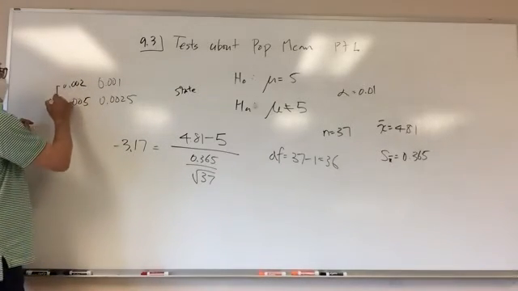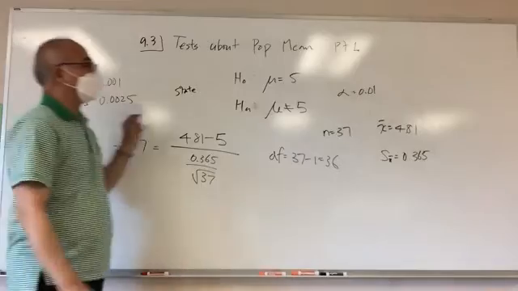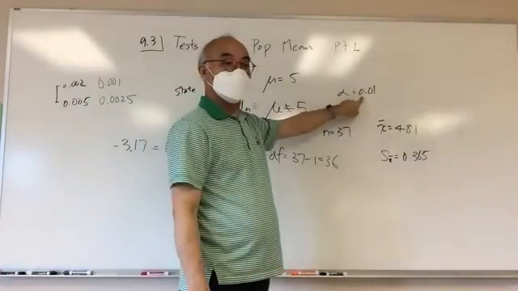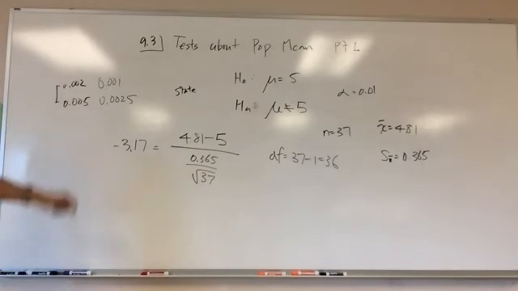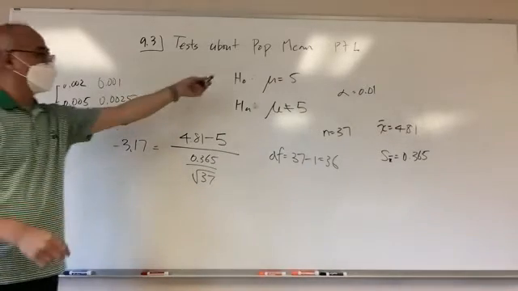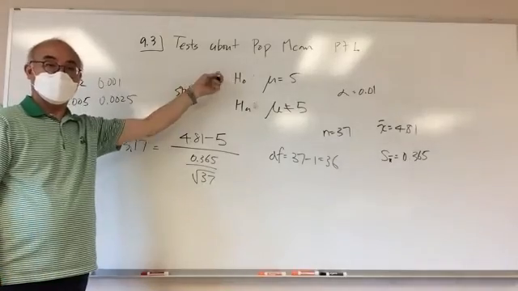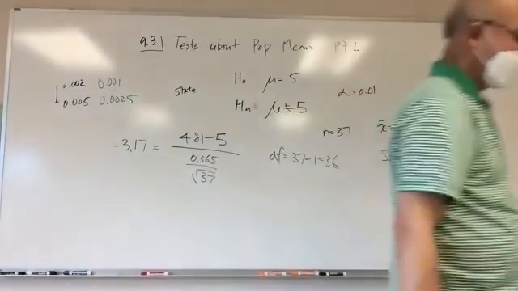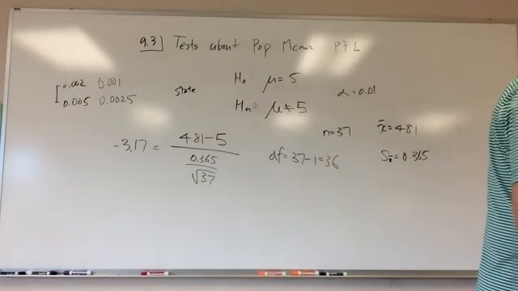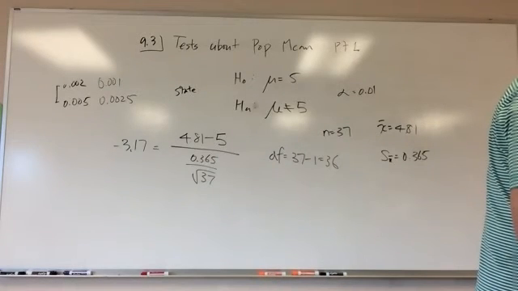Now I can compare that with alpha. Is the p-value smaller or larger than alpha? Smaller, right? Since the p-value is smaller than alpha, that's a good thing for us. We reject H0. We have convincing evidence for Ha.